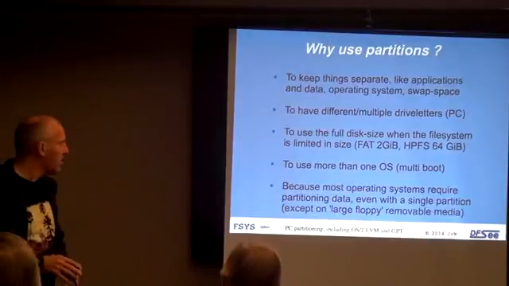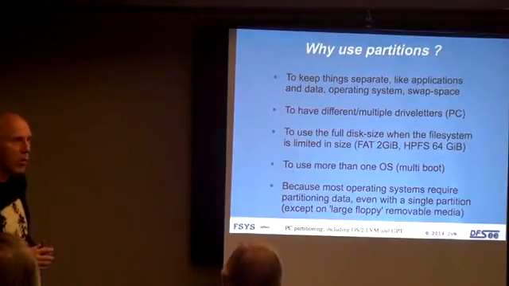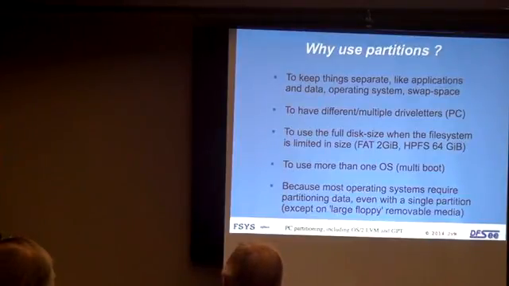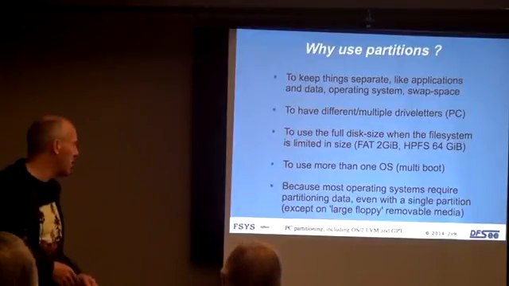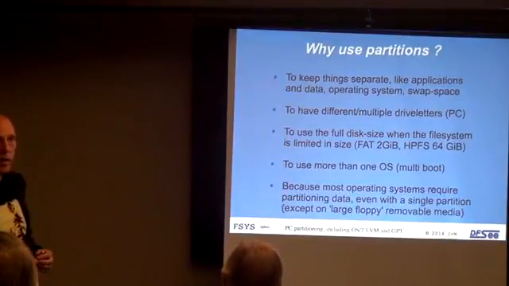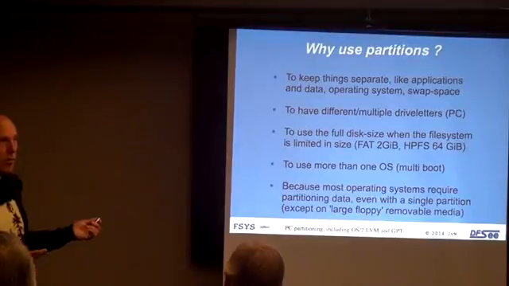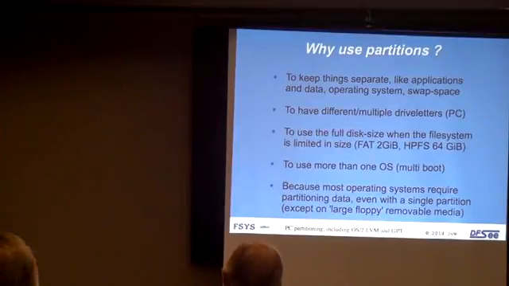Okay, and most operating systems do require partitioning, even when you only have a single partition on a disk. It still needs the administrative data on the disk for a partition, with a few exceptions. And one of those exceptions is called a large floppy, used on floppy disks, where the name came from, but also on USB sticks and stuff like that.